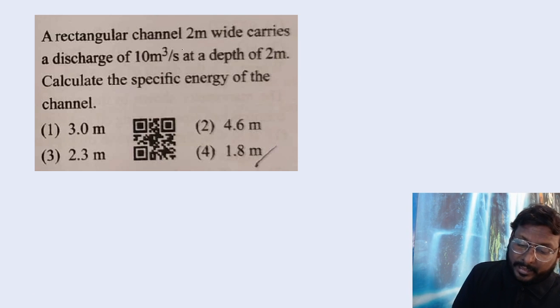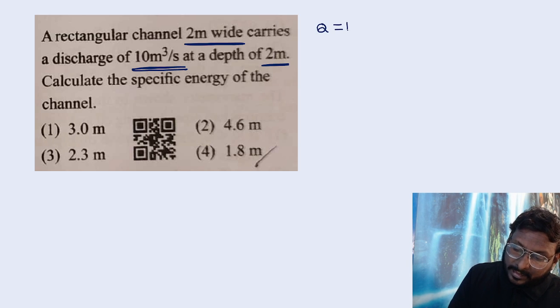Rectangular channel 2 meter wide, discharge 10 meter cube per second, and depth of 2 meter. Discharge 10, width 2 meter, depth 2 meter. What is the specific energy?